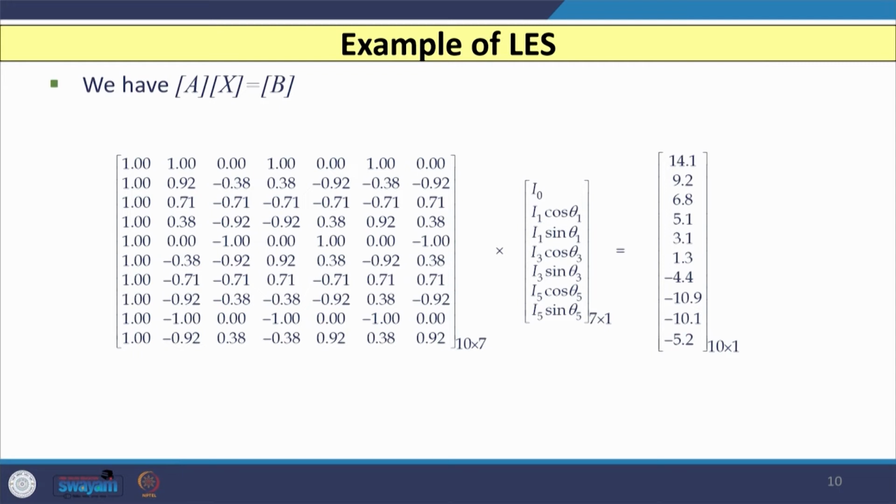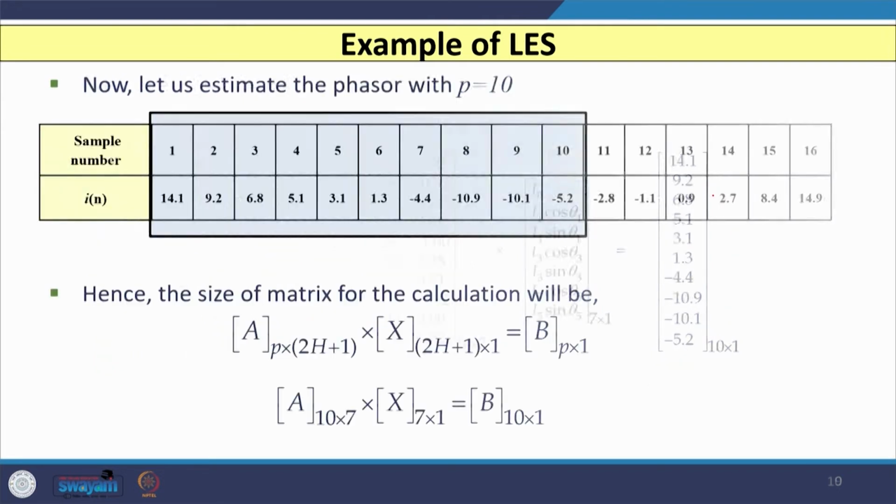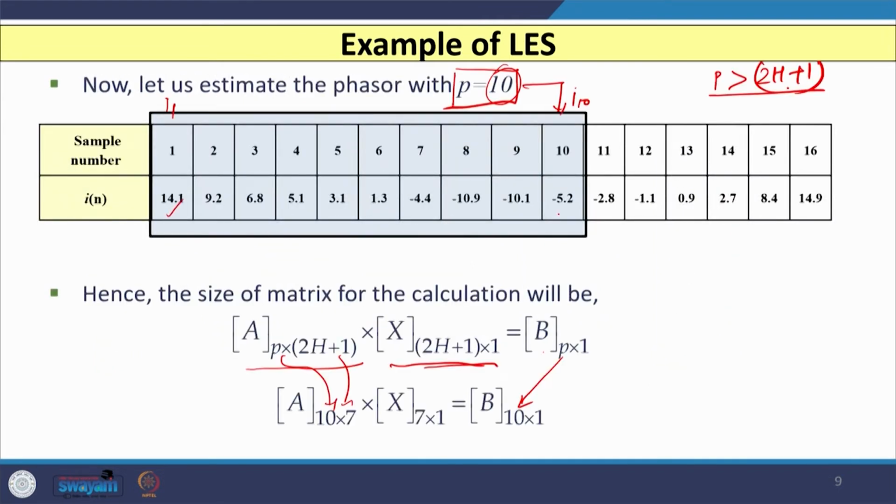Here if you calculate the value of matrix A, you will have the value of matrix A like this, which is 10 cross 7, by putting the omega 0 and Ts. The matrix B you have is the sampled values, which start from 14.1 to the 10th value, that is minus 5.2.